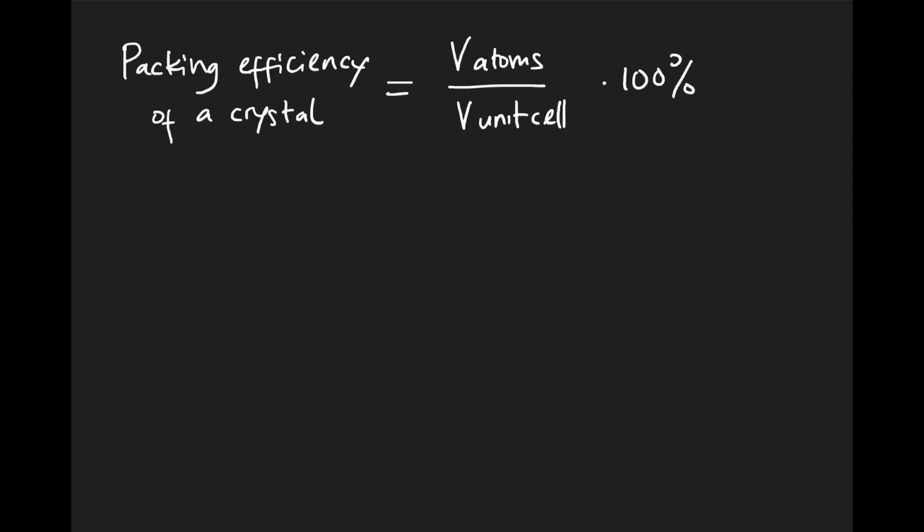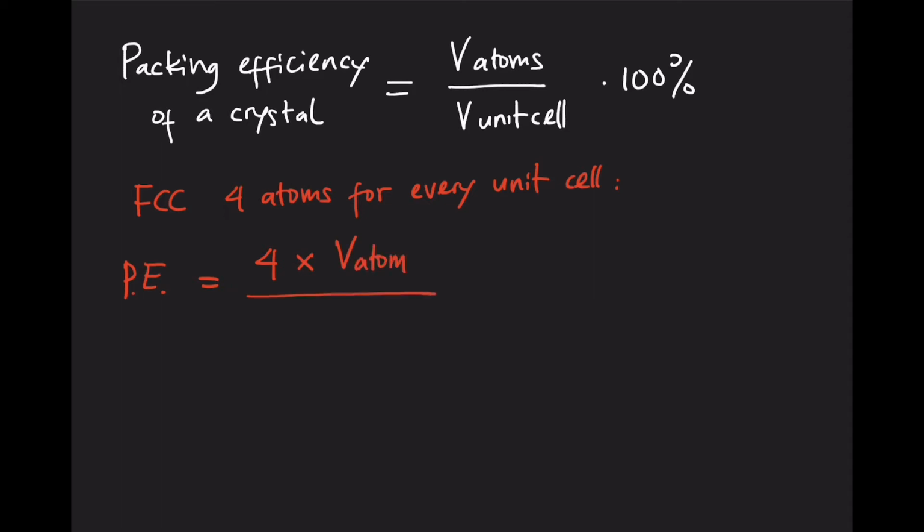So in the case of FCC, for instance, we have 4 atoms for every unit cell.